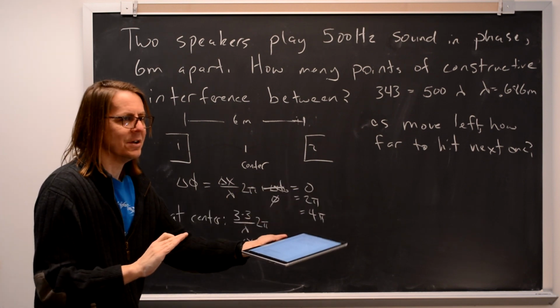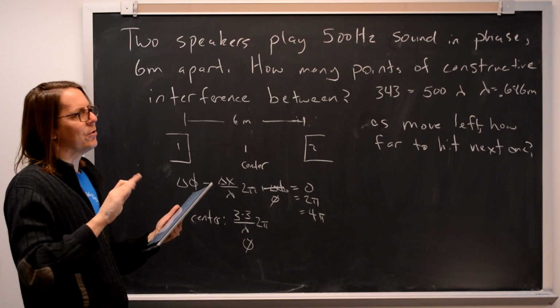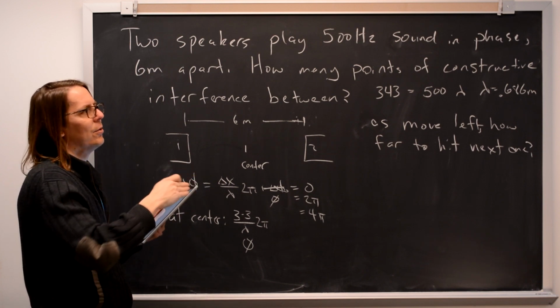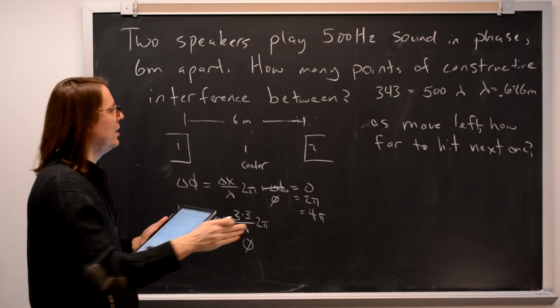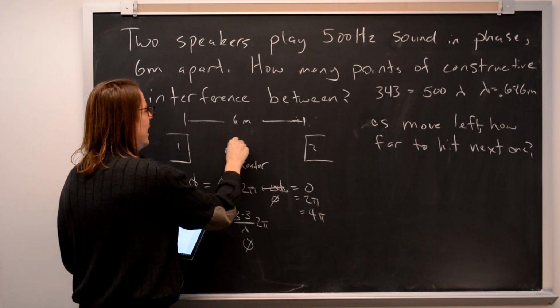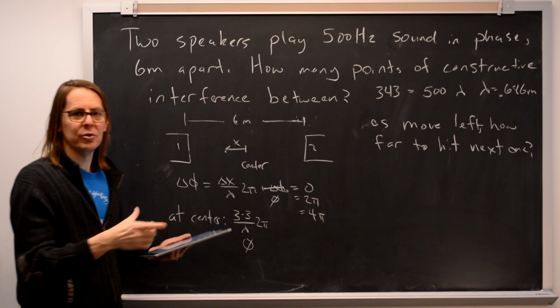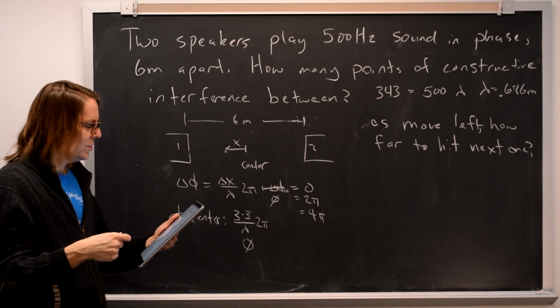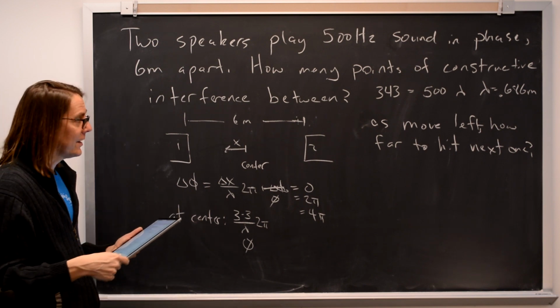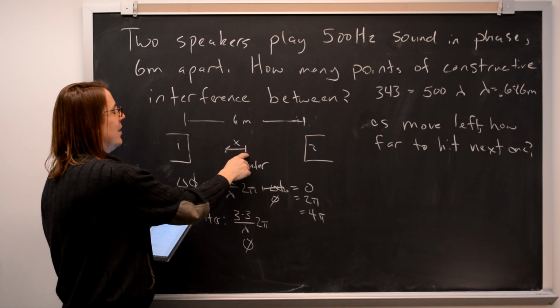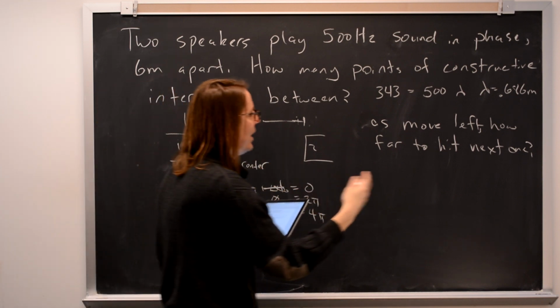You move another lambda, you get to the next one. That's when you're moving one speaker, or something is making you shift by one wave. But here, when you move, say, x, you're moving a distance x from speaker 1 and a distance x from speaker 2. So it's a case where you get sort of a 2x effect. Okay, so it's not that you have to move a wave, it's you have to move a half wave.